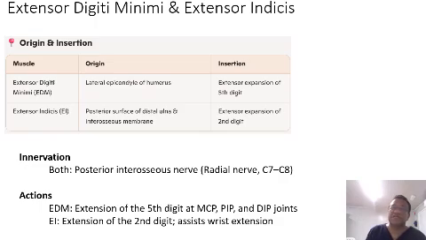Extensor indicis is commonly harvested for tendon transfer procedures, especially to restore thumb extension in radial nerve palsy. Isolated index extension via extensor indicis is a useful clinical test in differentiating nerve lesions.